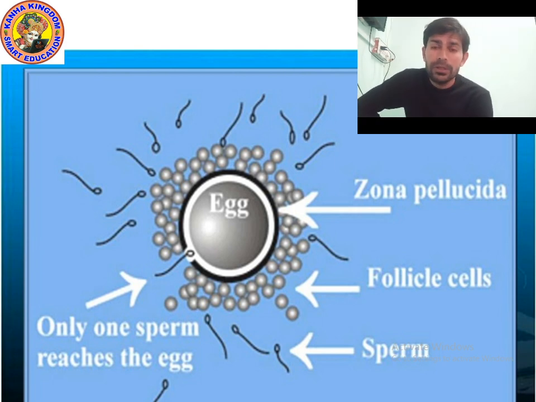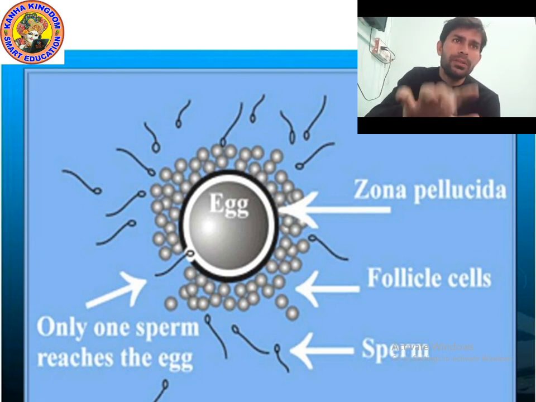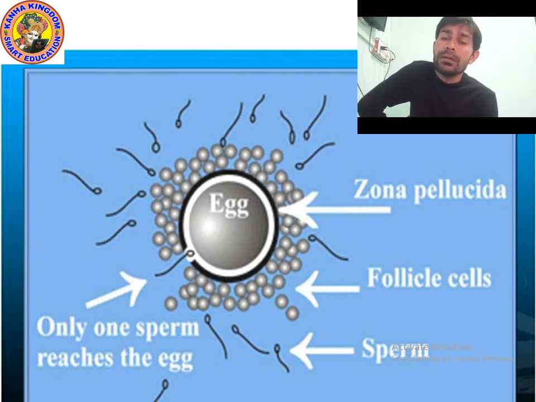Fertilization is the fusion of the male cell, or sperm, and the egg in the fallopian tube. As we studied, the male gamete, the sperm, reaches the fallopian tube through the vagina, and in the fallopian tube the sperm meets the egg. This picture is a rough representation of the fusion of sperm and egg in the fallopian tube.